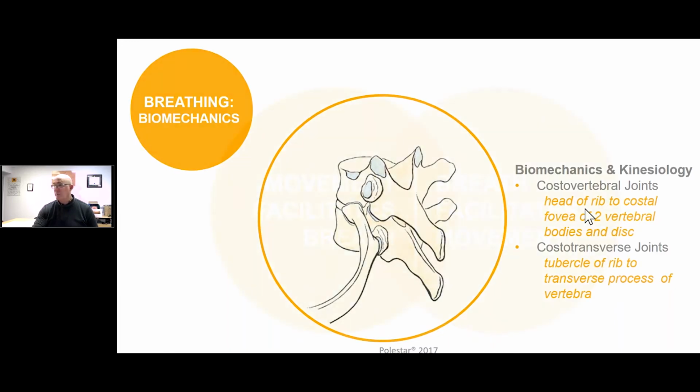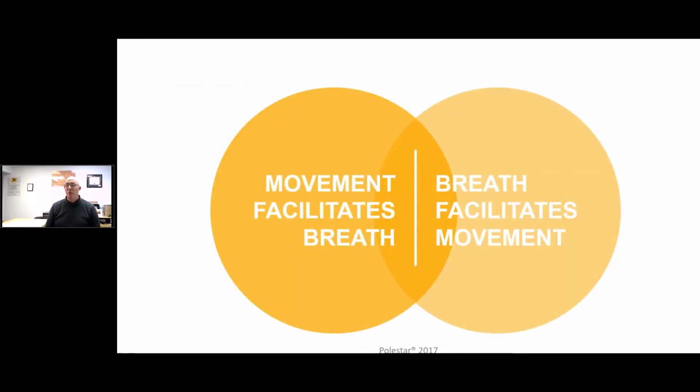When we have mobility of the rib cage in all planes of movement, what ends up resulting in that is that breath becomes very spontaneous in any plane of movement that we want to breathe in. So it was Blandine in Anatomy of Breath that said, complex movement requires spontaneous breath.